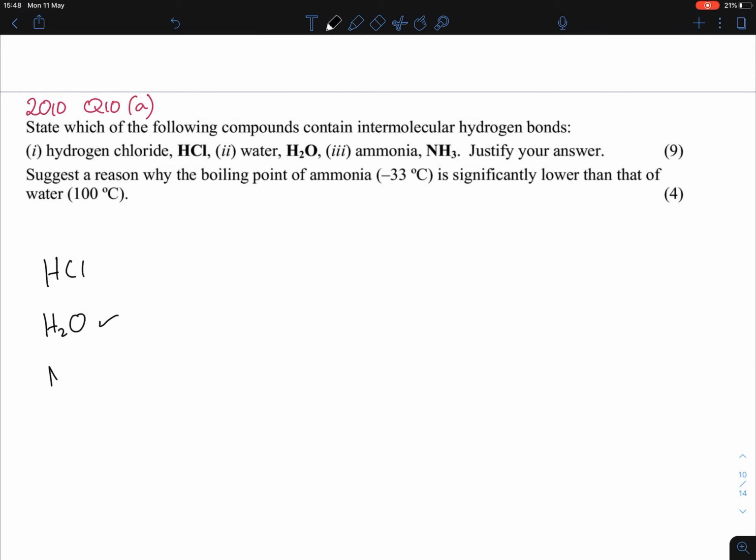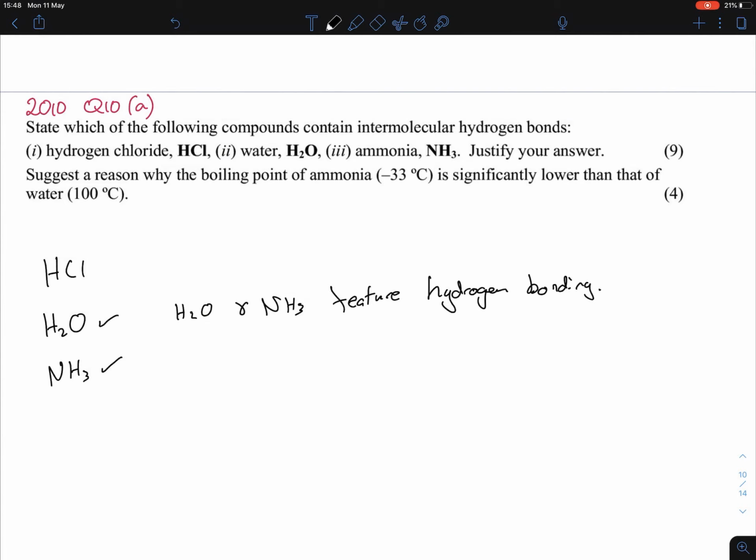Ammonia, NH3. Is nitrogen present and hydrogen present? Yes, it is. So therefore, H2O and NH3 feature hydrogen bonding, and then you specify why.